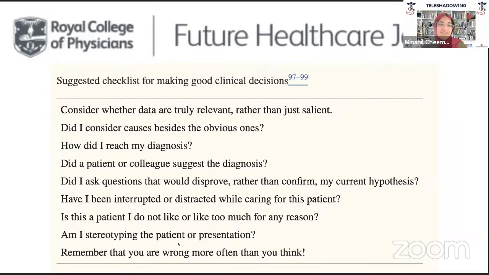And then you want to ask yourself, and be honest, am I stereotyping the patient or this presentation? Sometimes we do. Sometimes we don't have all the information. Sometimes I have not seen this rash before in a population of people of color. So these are some things that I should do more research on, and that's okay because this profession is full of lifelong learning. You're wrong more often than you think. So this is a good humbling statement to remember: sometimes we are wrong, and that's okay, and that's a place of learning.